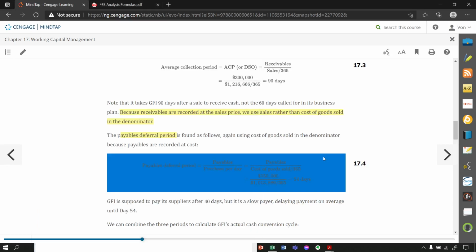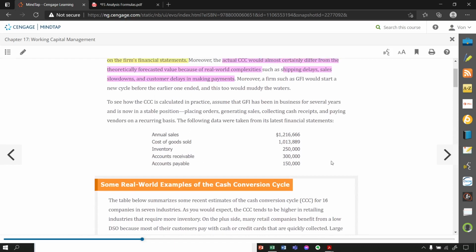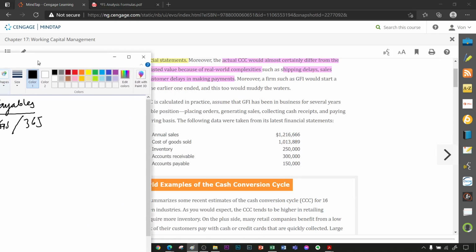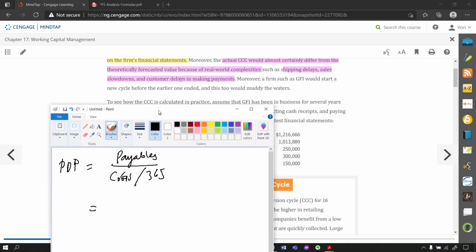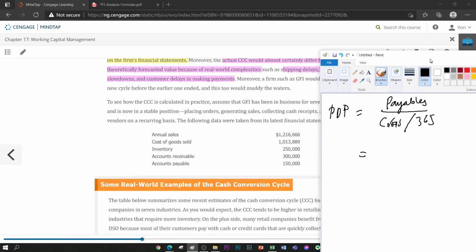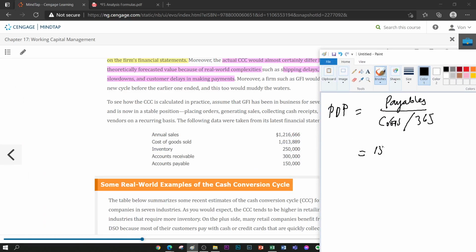Okay. So, substitute natin yung figures dito sa given. Magkano yung accounts payable? 150,000. Okay. Yan, dito na lang natin ilagay. 150,000. Then, yung ating cost of sales, 1,013,889 per day, 365. So again, unahin mo muna yung denominator.